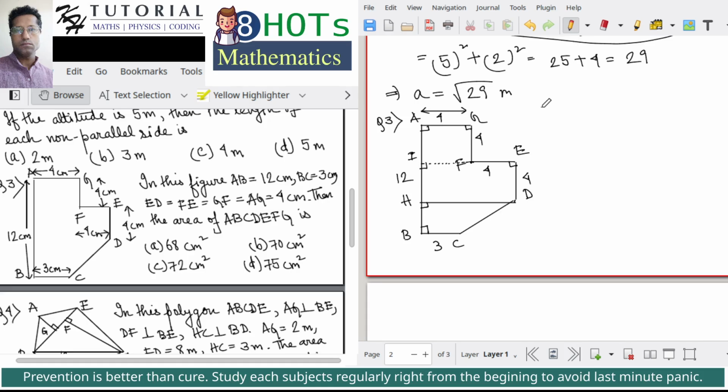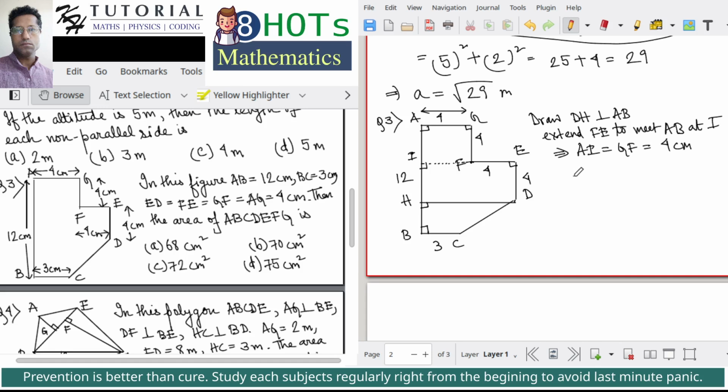So what we have done is we have drawn DH perpendicular to AB, and extended FE to meet AB at I. So this will imply that AI will be equal to GF, which is equal to 4 centimeter.